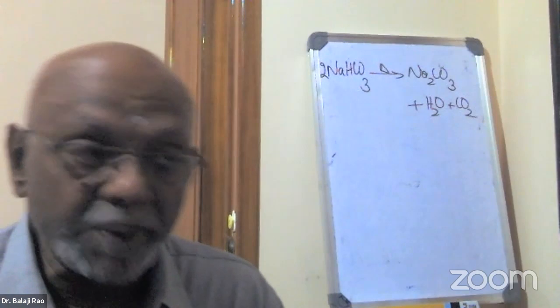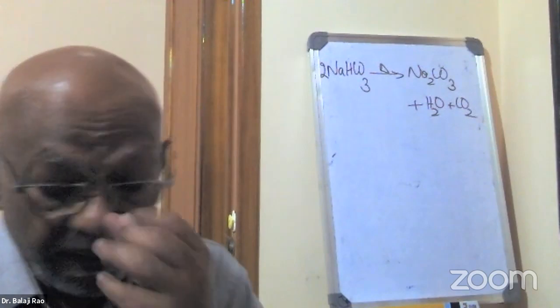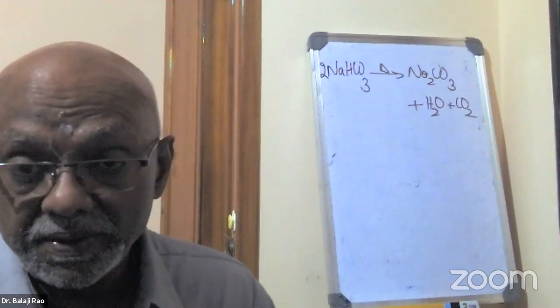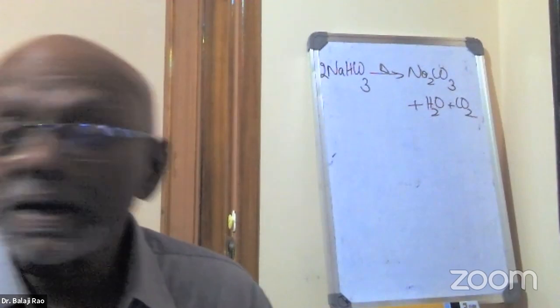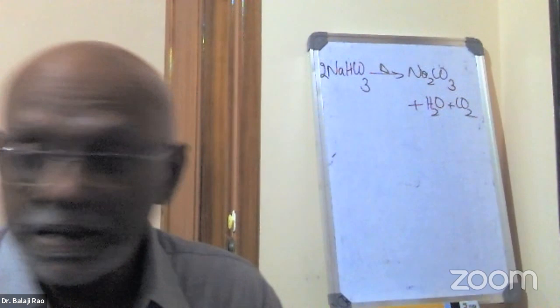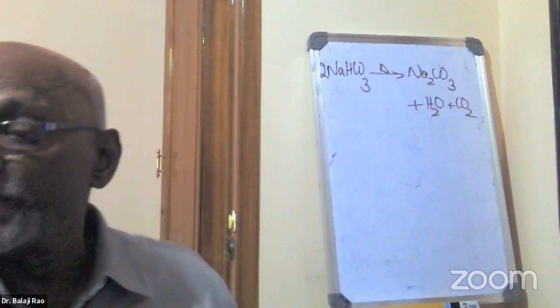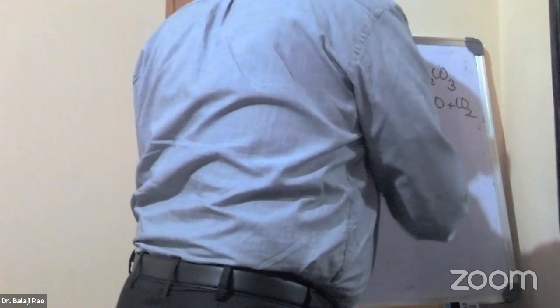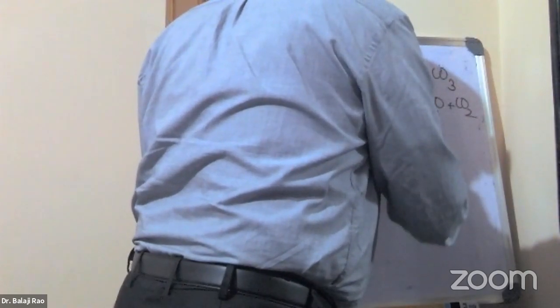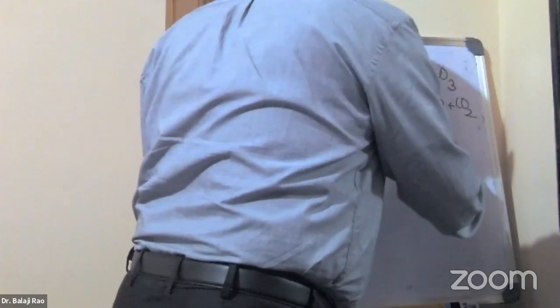What is baking powder per se? Baking powder is a mixture of sodium bicarbonate and tartaric acid. Tartaric acid is C4H6O6. It is a dibasic acid. We will not go into the details of the structure of this.